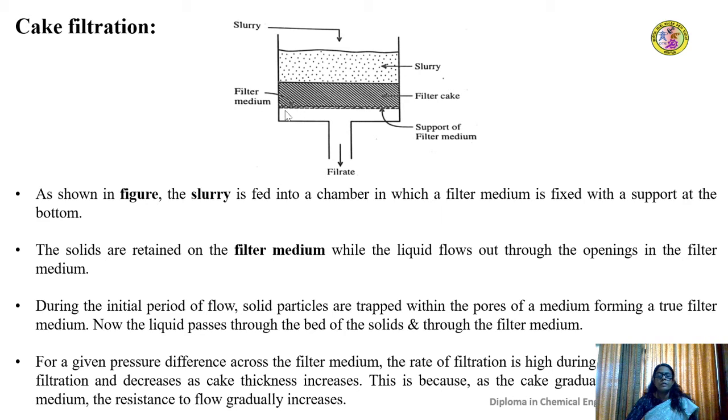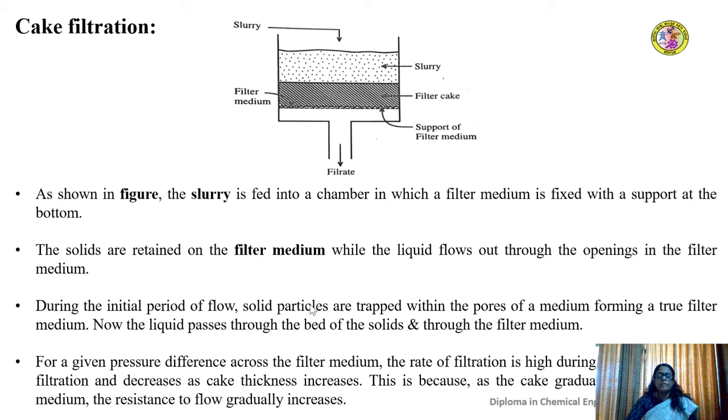From then onwards, that is the layer which acts as the filter medium, because those solid particles cannot be removed again. Only the solids which are deposited over the surface of the filter medium will be taken out as a filter cake. So during the initial period of flow, solid particles are trapped within the pores of the filter medium, and that forms the true filter medium.